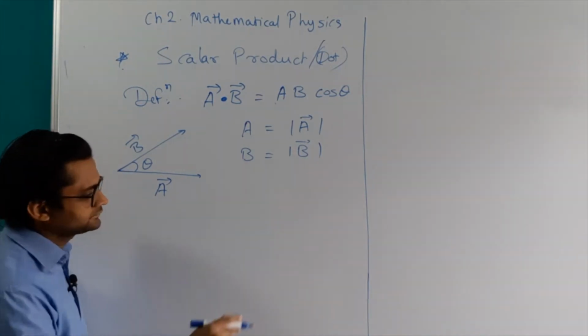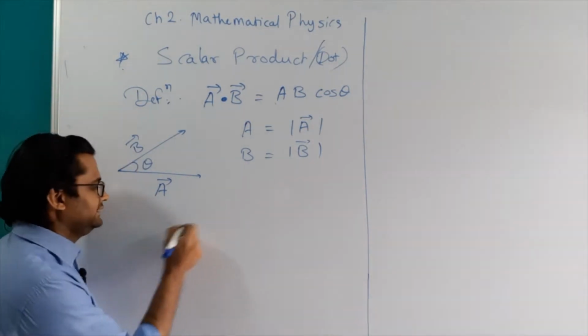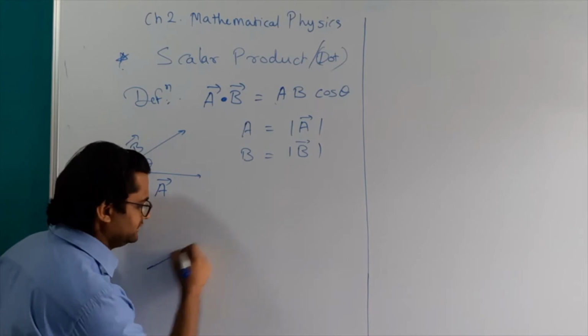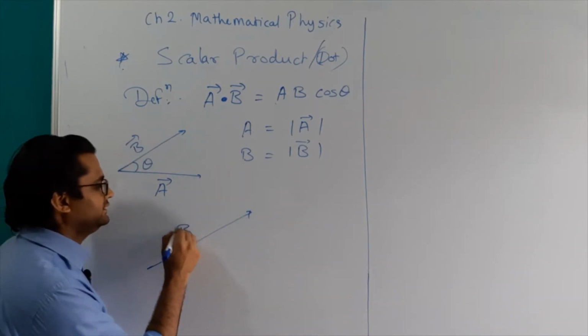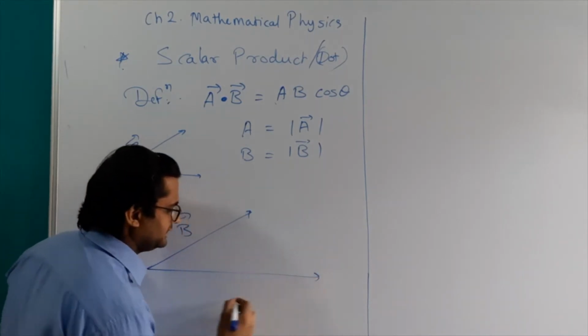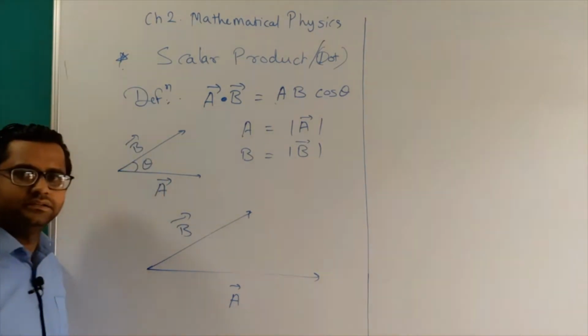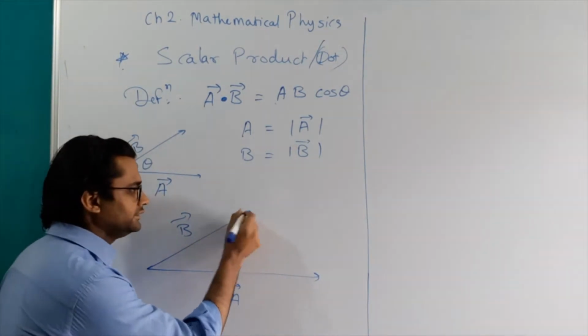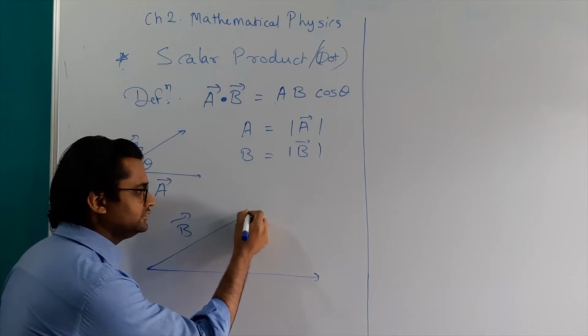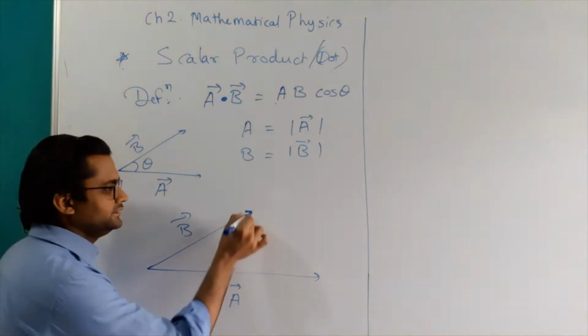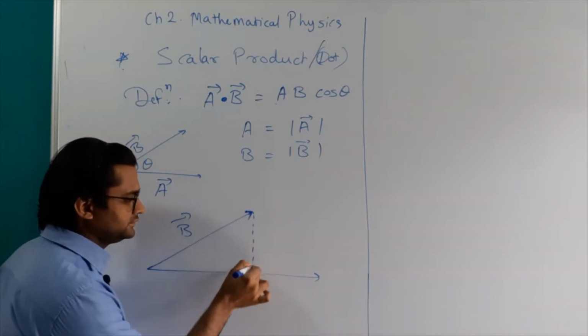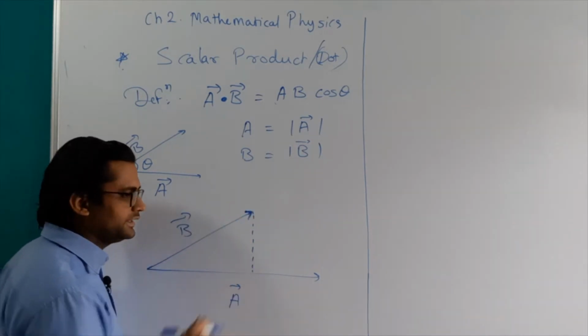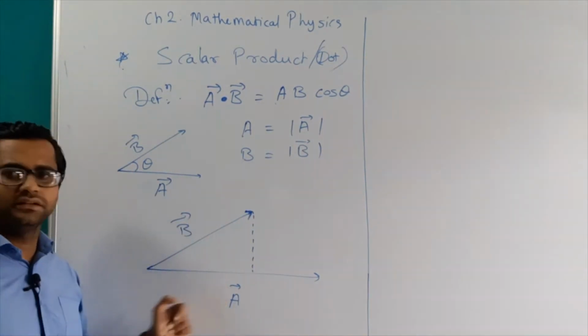So let us take a situation. Suppose this is my vector b bar, this is my vector a bar, and now we already know the resolution of vector. So if I take component of b vector along a vector, how to take component of b vector along a vector?